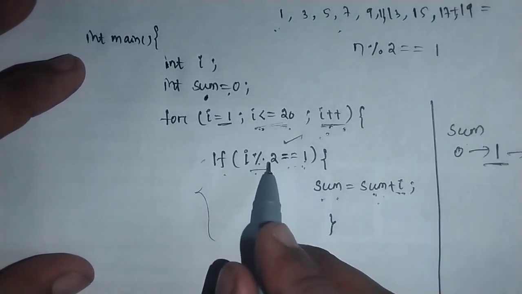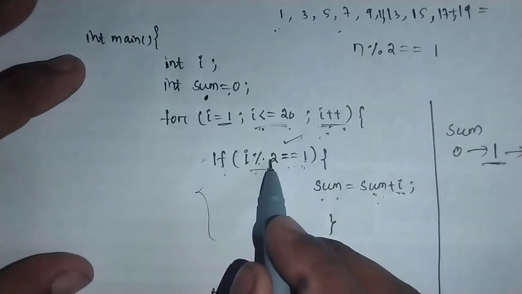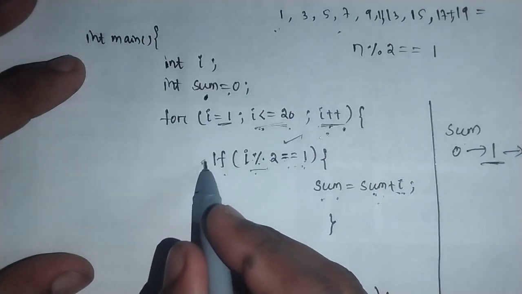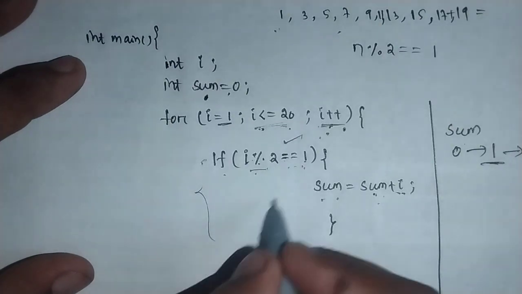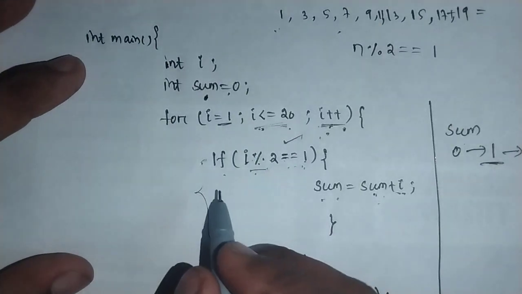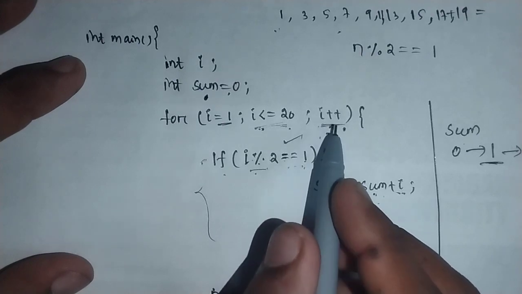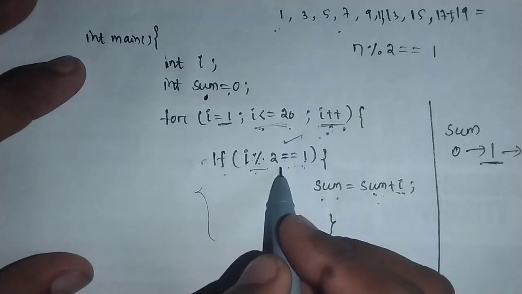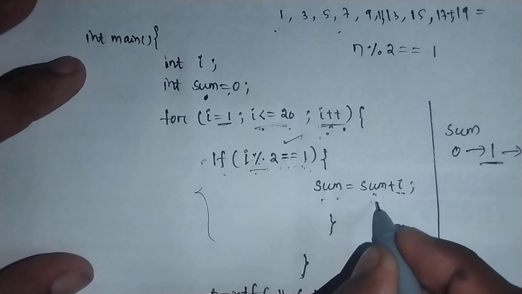In the next iteration the value of i is 4, so 4 modulus 2 gives us 0, which is not the required condition for this statement. In the next increment the value of i will be 5, and 5 modulus 2 gives us 1, so sum will be updated to sum plus i.